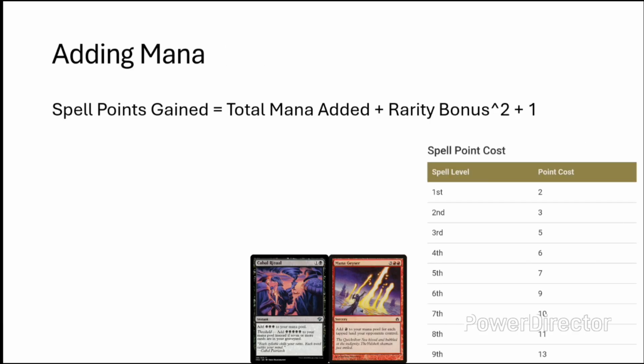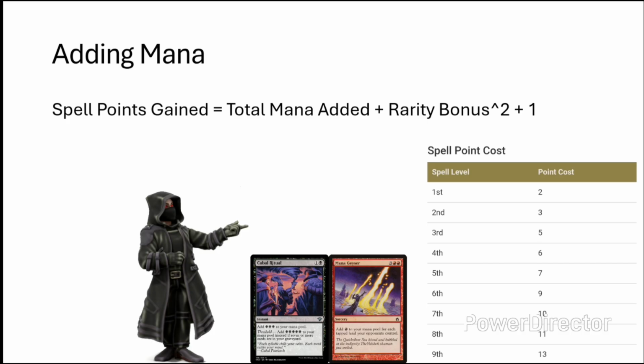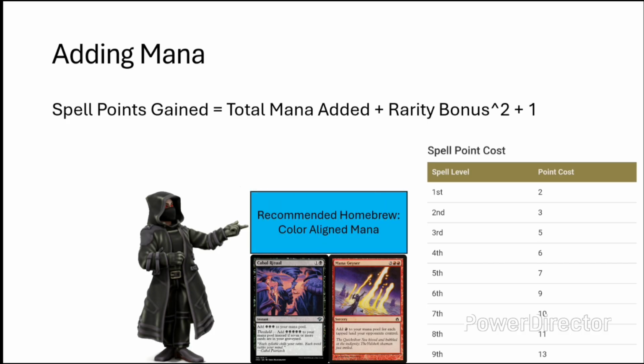Now, moving on to mana, as these two abilities are a little bit different. I do want to point out that in my spell point video I did recommend having color-aligned mana, and these mana ramps were the reason why.